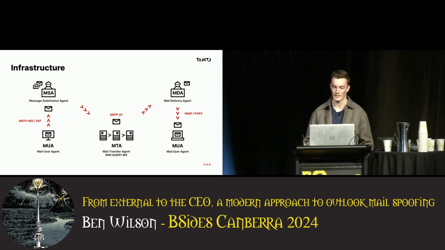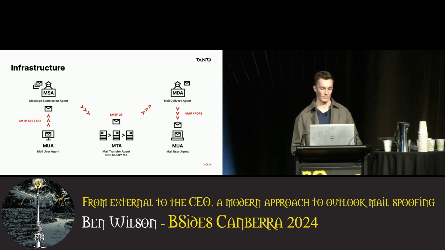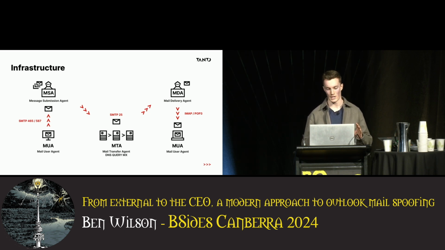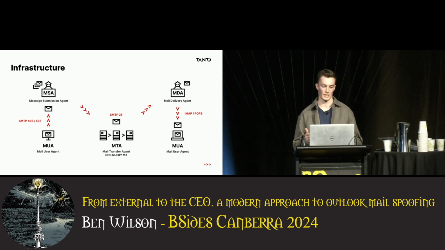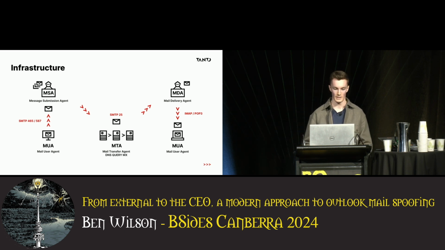What this looks like in practice for the infrastructure is you've got your mail user agent down the bottom, and that will send an email via SMTP on ports 465 or 587, which some of you may be familiar with.